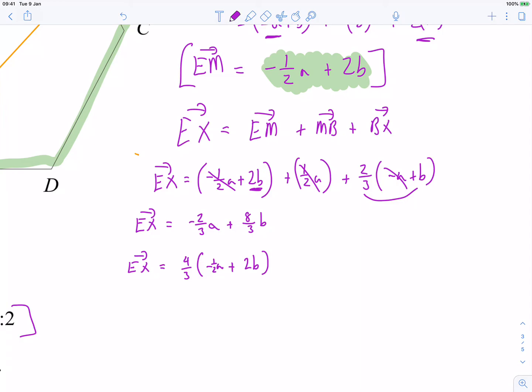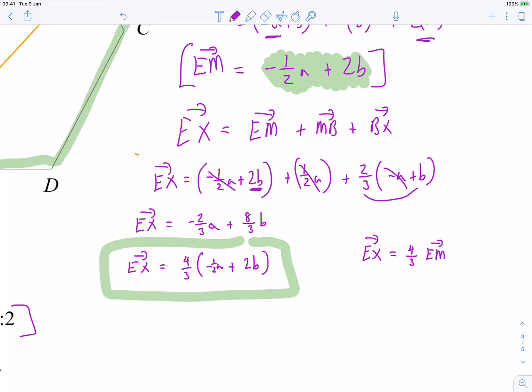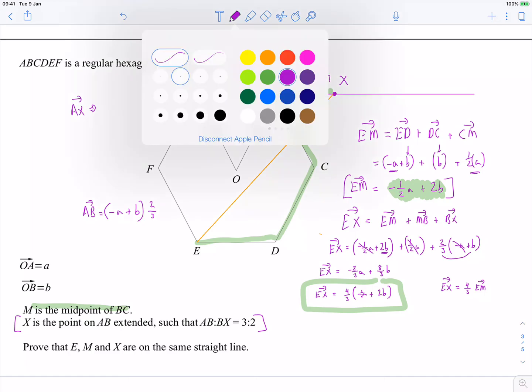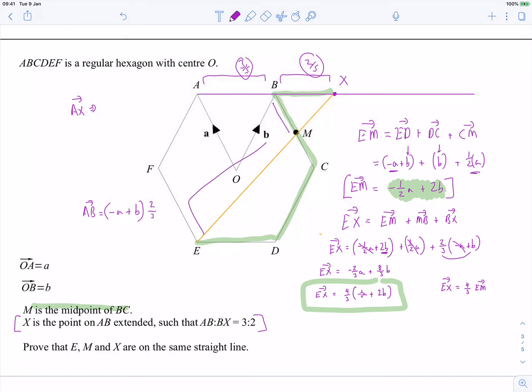And now look, e to x is just 4/3 of e to m, i.e. it's in the ratio of this part is 3 and this part is 1.